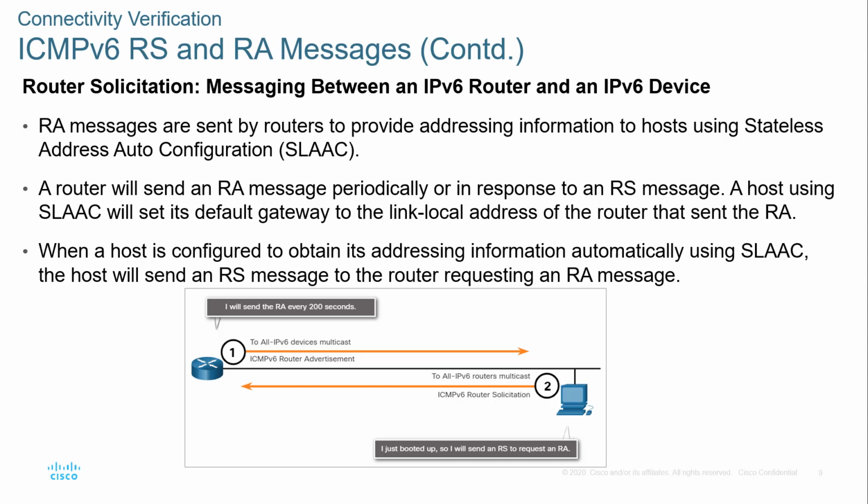Again, I will send a solicitation message and receive my router advertisement. The router, say every 200 seconds, is going to send an advertisement. The solicitation is the response to that advertisement. This is part of the stateless address auto configuration, SLAAC, functionality. So that's why we have to understand the relationship between advertisements and solicitations.